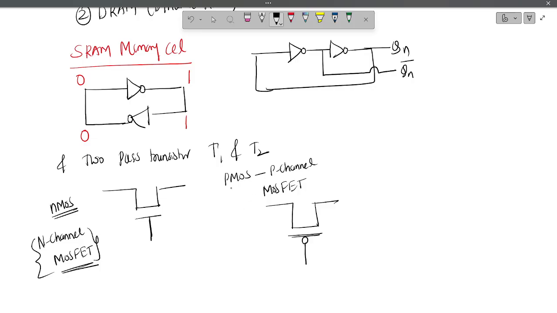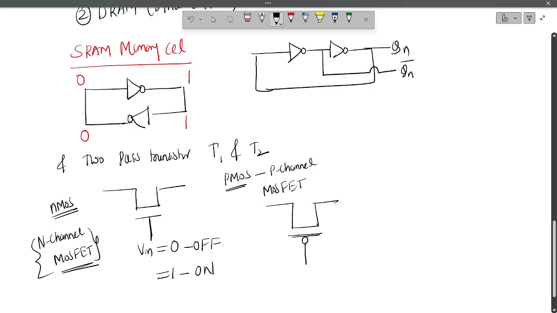This we call PMOS. In the ideal case for NMOS, when input equals 0, this will be off state. Input equal to 1 means this will be on state. Similarly for PMOS, if input voltage equals 0 this will be on state, and input equal to 1 means this will be off state.